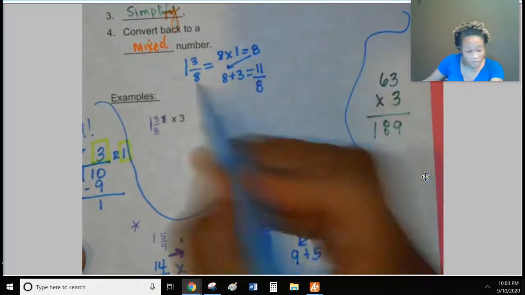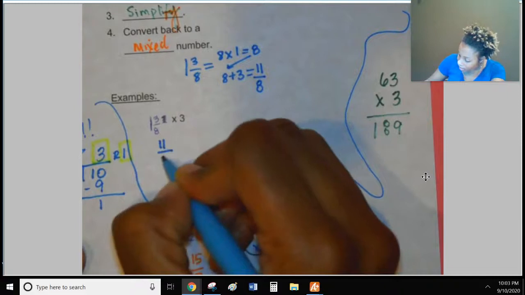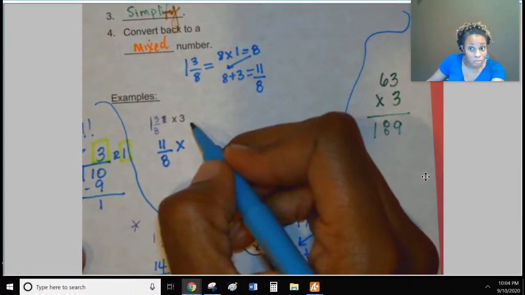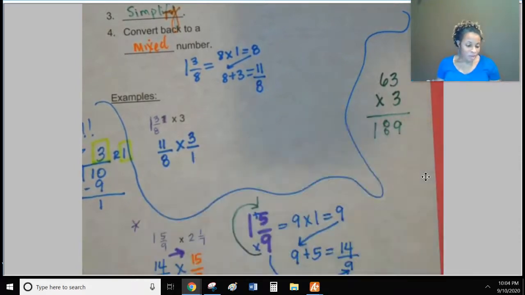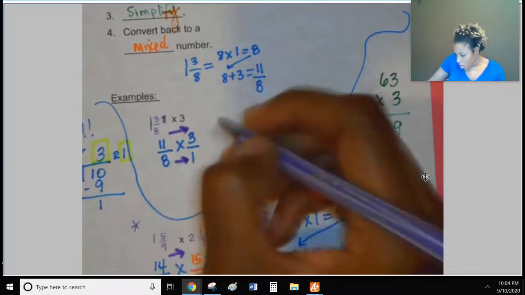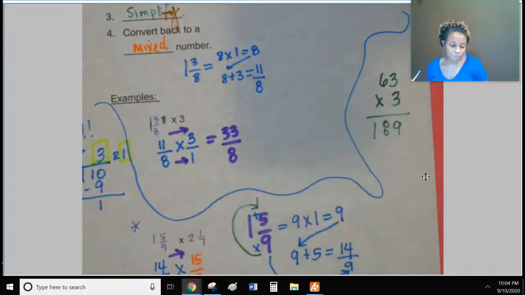Remember, my denominator stays the same. So this will become 11 eighths times, and this 3 becomes what? Yep, 3 over 1, right? Once I have that, multiply straight across, just like before, and I will end up with 33 eighths.